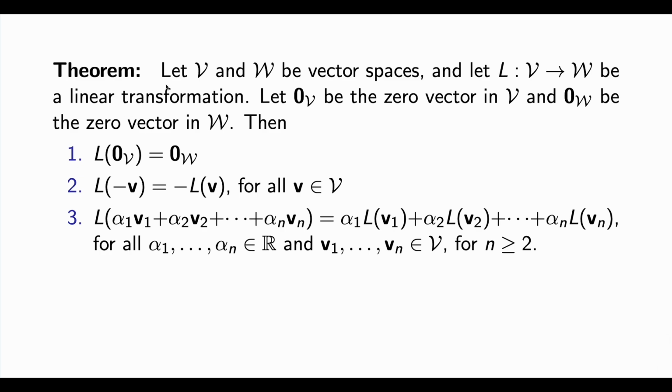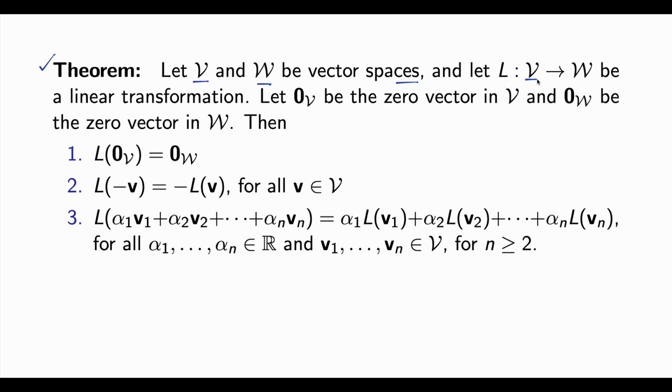So there is one result. Let V and W be vector spaces over the same field. I'm not writing it again and again, but the meaning is that it is over the same field.